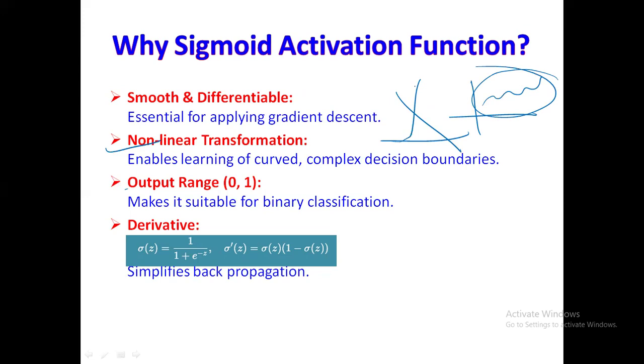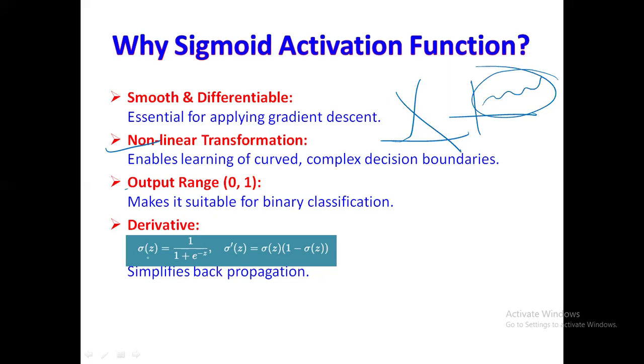Additionally, the output range between 0 and 1 makes it particularly useful in binary classification problems where the output needs to be interpreted as probabilities. These characteristics make sigmoid an apt choice, especially in the output layer of binary classification.